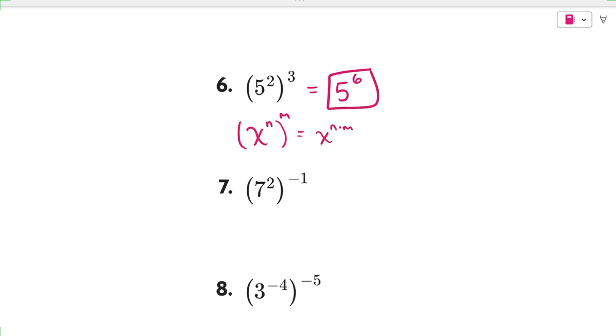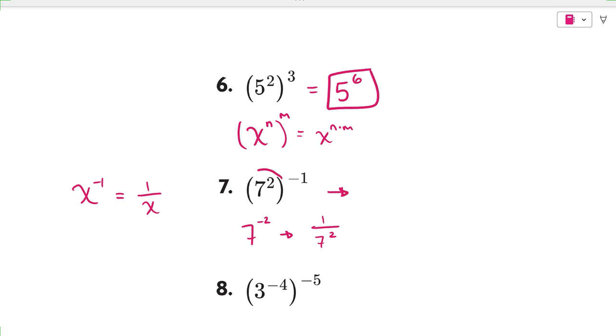Negative exponents. Remember, with negative exponents, if I have something like x to the negative 1, it creates its own reciprocal. It goes to the opposite side of the fraction. So x to the negative 1 is 1 over x. So when I have this 7 squared all in parentheses, I could distribute my negative. I could make it negative 2, which would then become 1 over 7 squared.